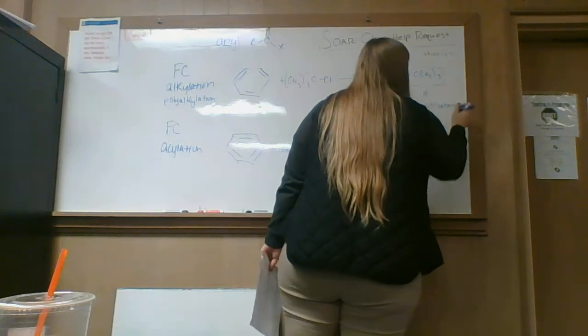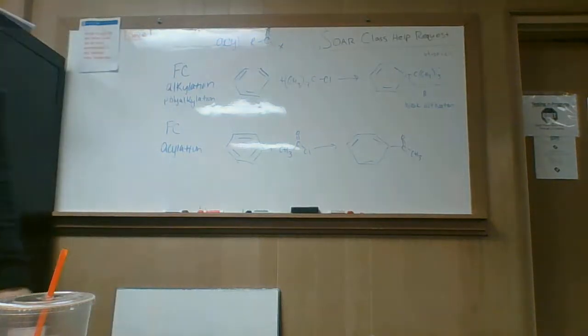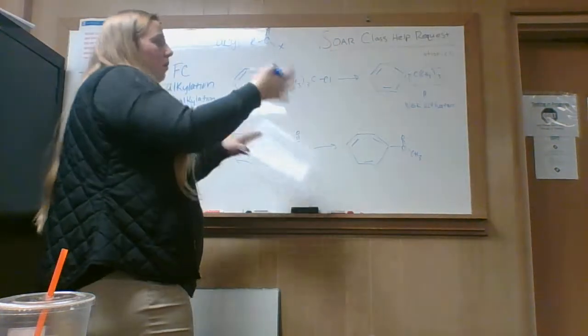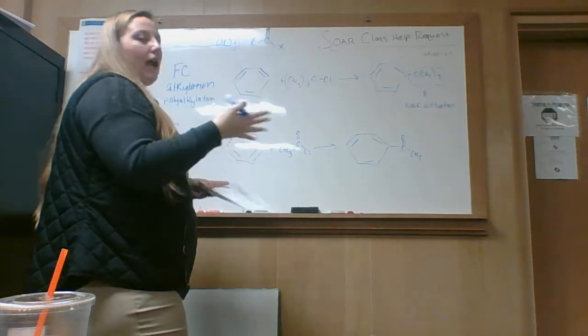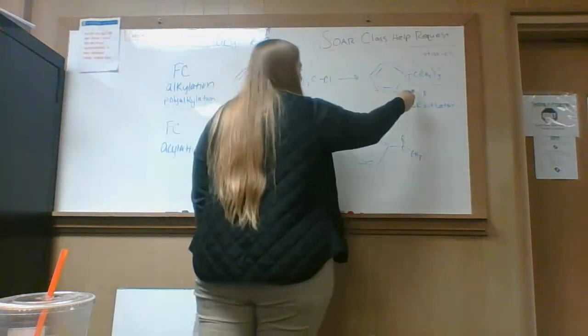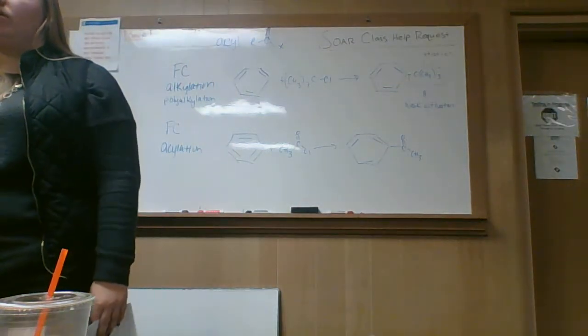When I say activate the ring, what does that mean? It means it's more likely to react again. Activation essentially donates more electrons into that benzene ring and makes it want to react more. So by adding this R group, we've made it easier for other R groups to attach.